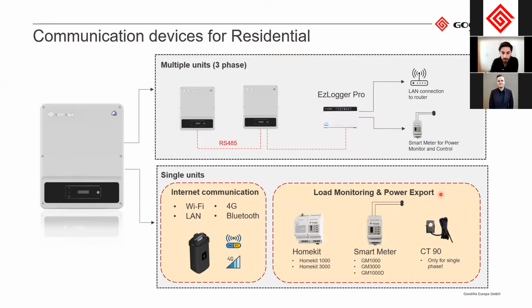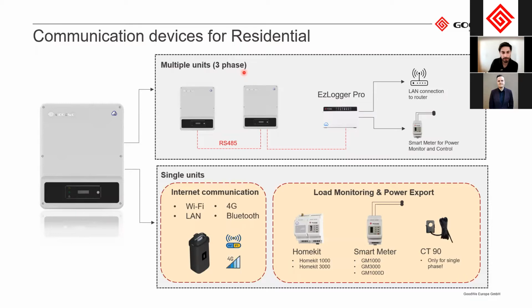In case you only want the power export function, it's enough to have a smart meter. And then there are also different ones depending on whether you have a single phase or 3-phase grid. And these are the CTs90s, as I showed in the beginning. So the XS and the DNS, you can connect directly to the inverters, and you do not need any device in between.